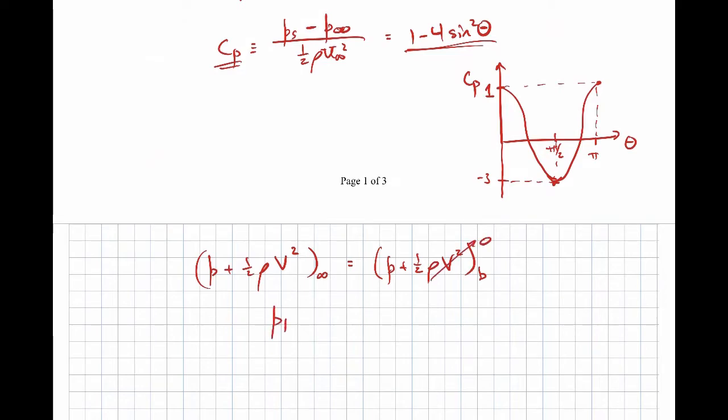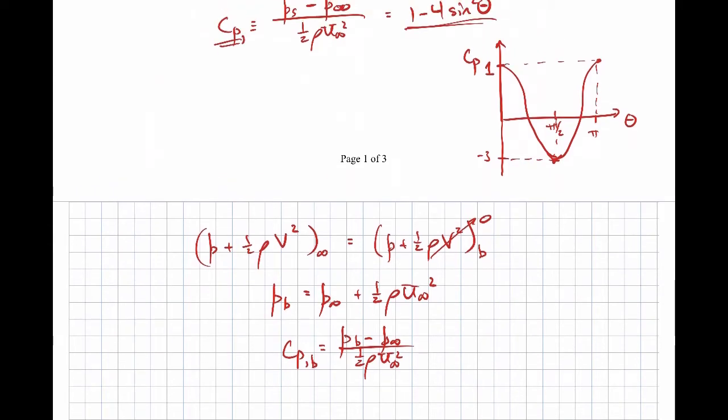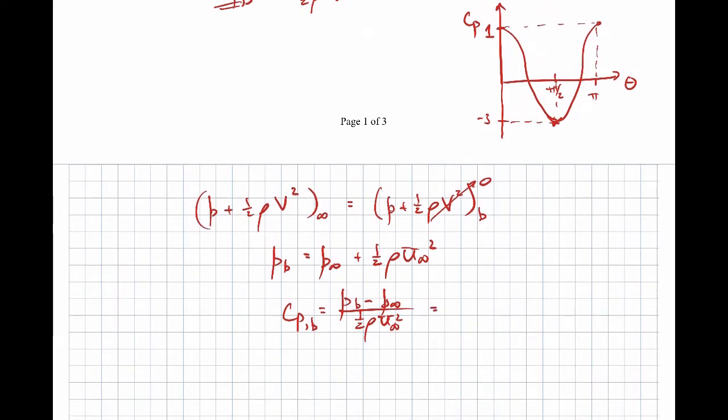So the pressure at the bottom is P infinity plus 1/2 rho U infinity squared. Or if you want to do it in terms of that pressure coefficient, so this is the pressure coefficient on the bottom, whereas the one up here was on the surface. So on the bottom here, this would just be equal to 1.